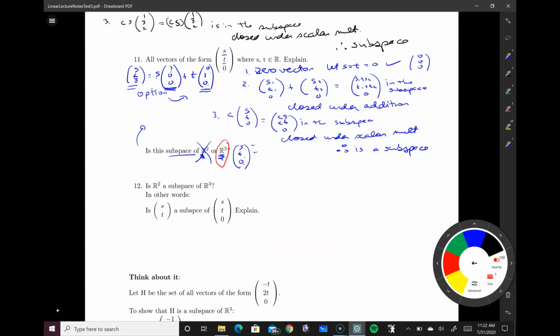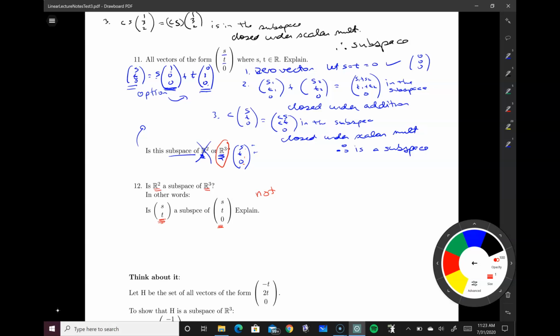All right, so in other words, another way of asking this question: is R2 a subspace of R3? So is this a subspace of this? Well, I can see how they're related a bit, but they are not, right? Because I can't add things that are in R2 to get things that are in R3. So it is not.